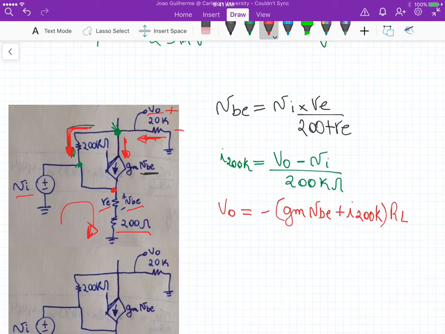Now if we plug in VBE here and I200k here, we can obtain this equation.